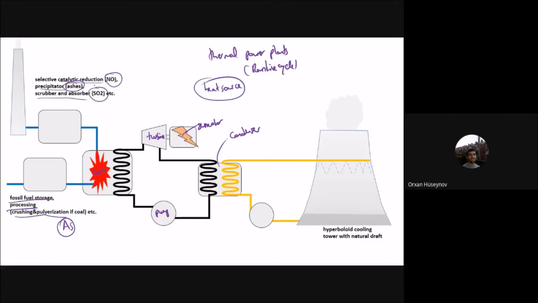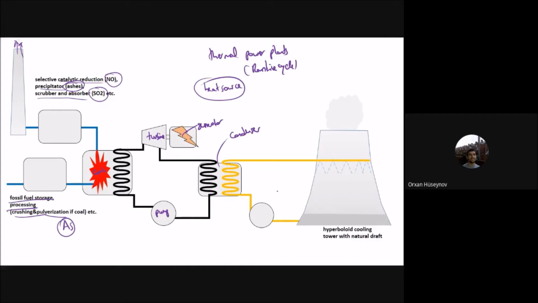And if this system is not enough, at the end you have this chimney here, and the rest of the combusted products leave from this system. For the boiler system you are using fossil fuel for heating the water, and for cooling the condenser, the condensed water from the steam outlet of the turbine, we are using the cooling towers.